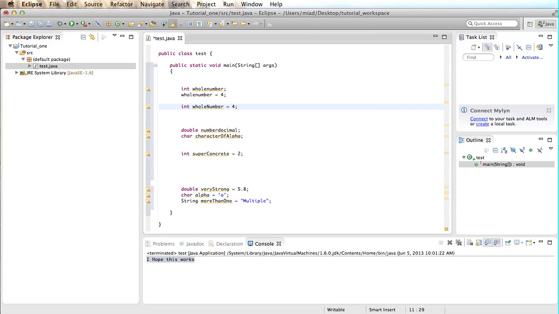I sort of think about this as like a bank and the safety deposit box, where like you tell the bank, okay, name the safety deposit box, in this case whole number, and place the value of 4 in it. And the bank's like, okay, no problem. The computer's the same. It places the value of 4 into whole number.